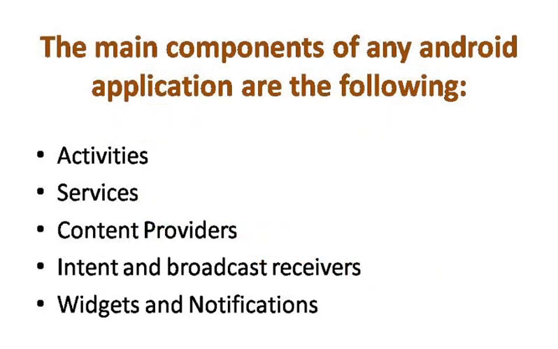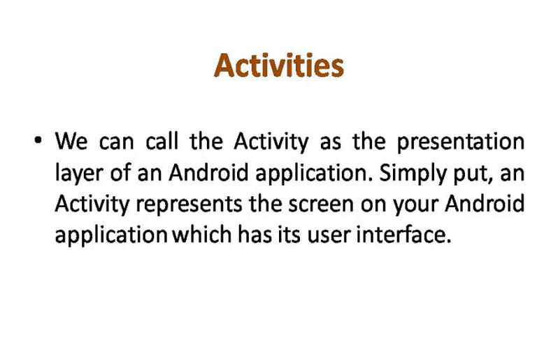So here come the main components. We could see all the components there, and if you take the first component, activity, this is the main thing of an Android application. Whenever you create an Android application, a form or a window will come.